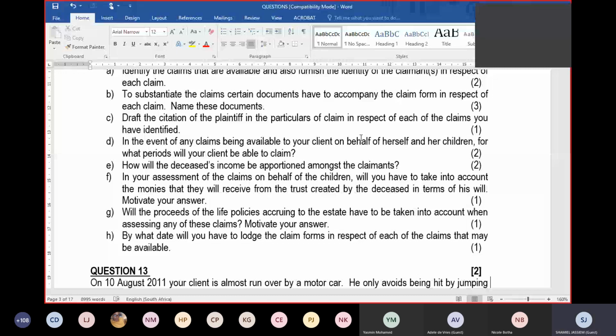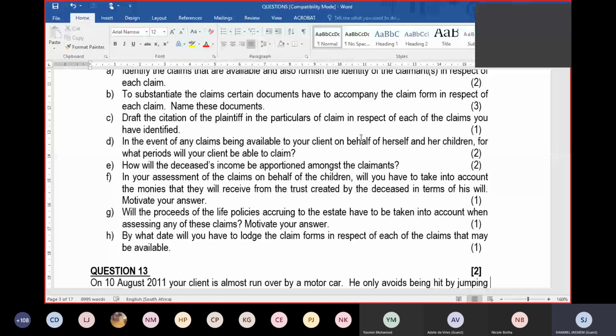By what date will you have to lodge? They're now not asking about the summons, but about lodging the claim forms in respect of each of the claims that may be available. So they want us to calculate prescription. They told us it's an unidentified vehicle.